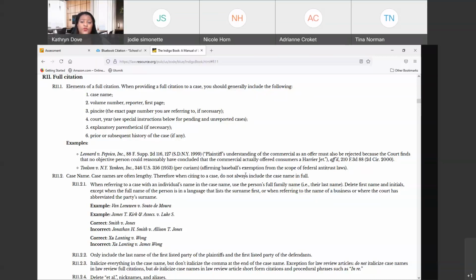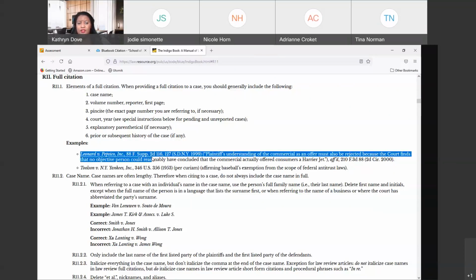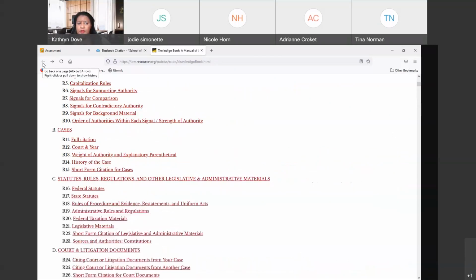So if you wanted to cite a case like this in your essay, that'd be fine. You would simply find a case like that by doing research on Lexis Advance or Fastcase, and then you would be able to cite to that case.